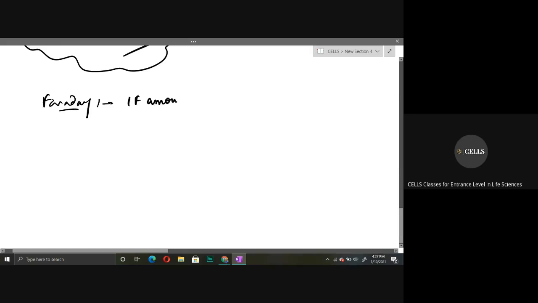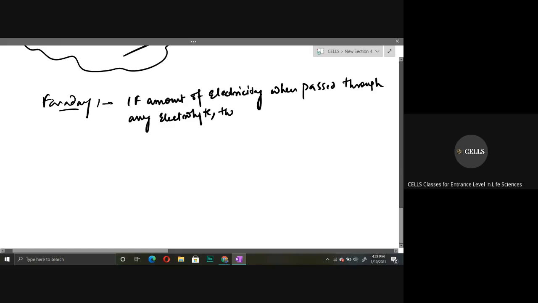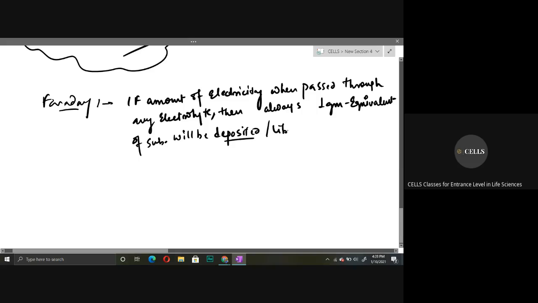One Faraday amount of electricity, when passed through any electrolyte, then always 1 gram equivalent of substance will be deposited or liberated. If it's a solid, it will be deposited, or if it's a gas, it will be liberated.